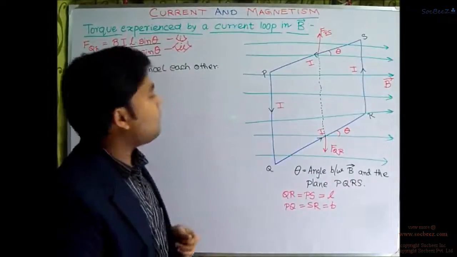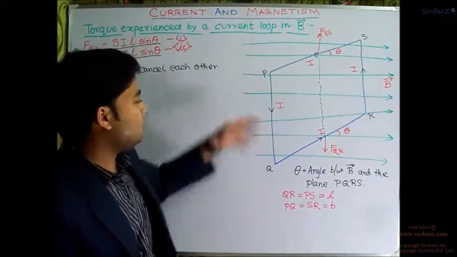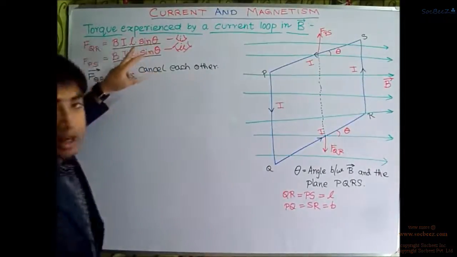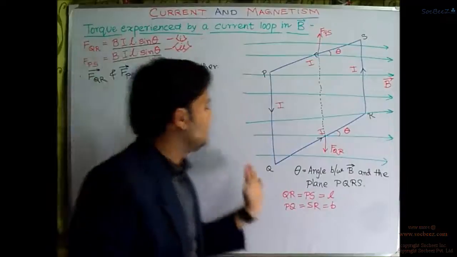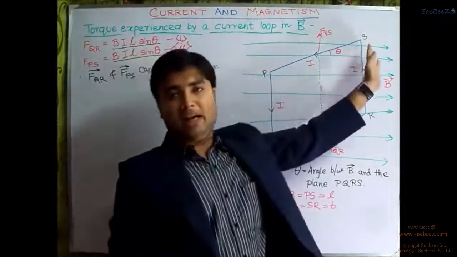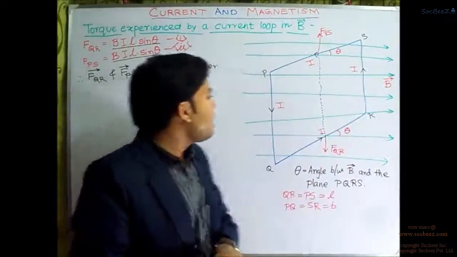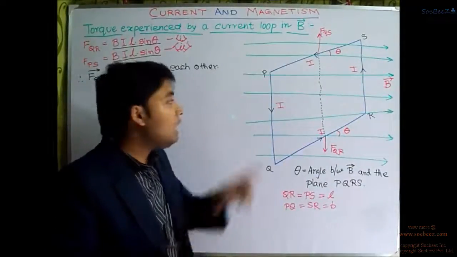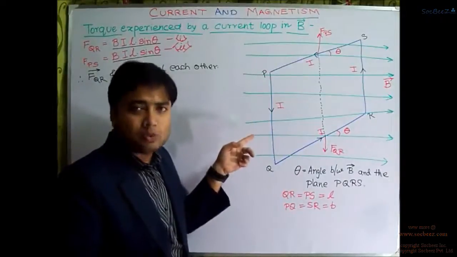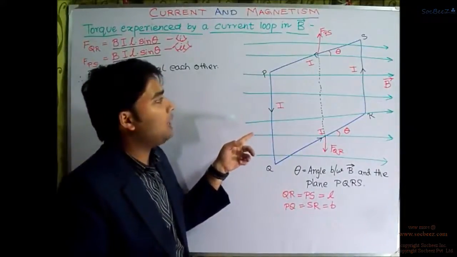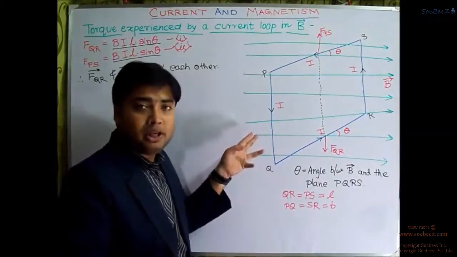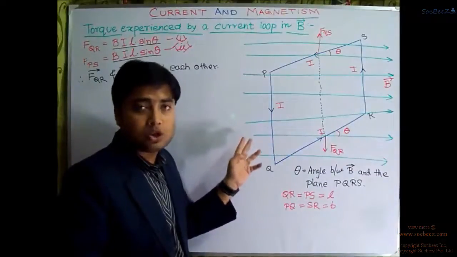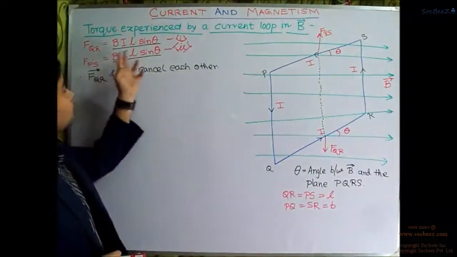Now if we apply Fleming's left-hand rule for this, first of all see over here, this is the theta, right? For this QR and PS. Now if you observe, we need to find out the angle between the length and the B, as indicated by the Lorentz magnetic force, and thereby we deduce this expression.